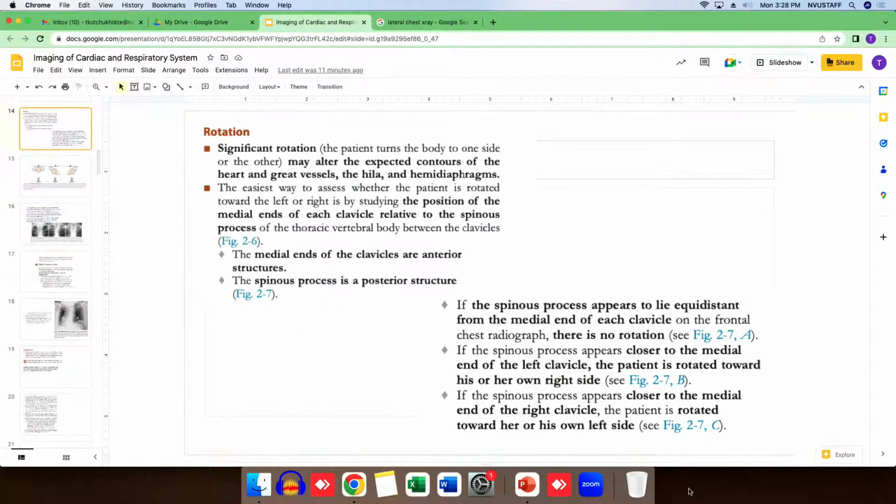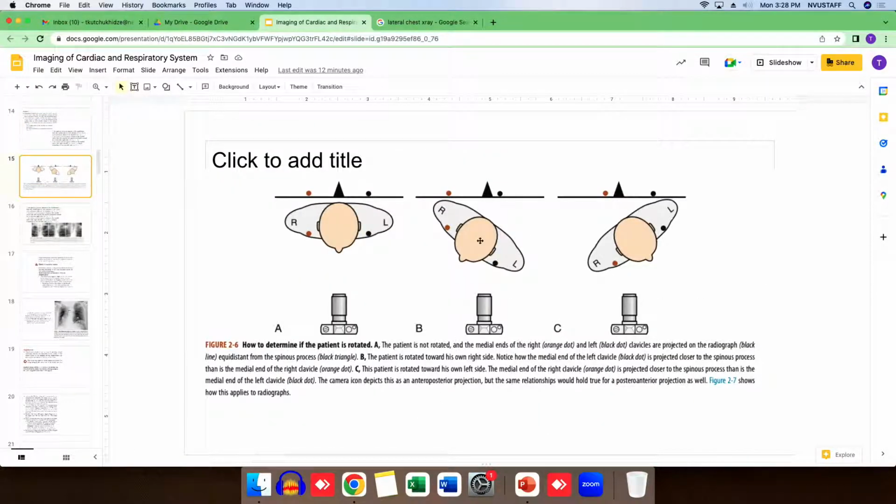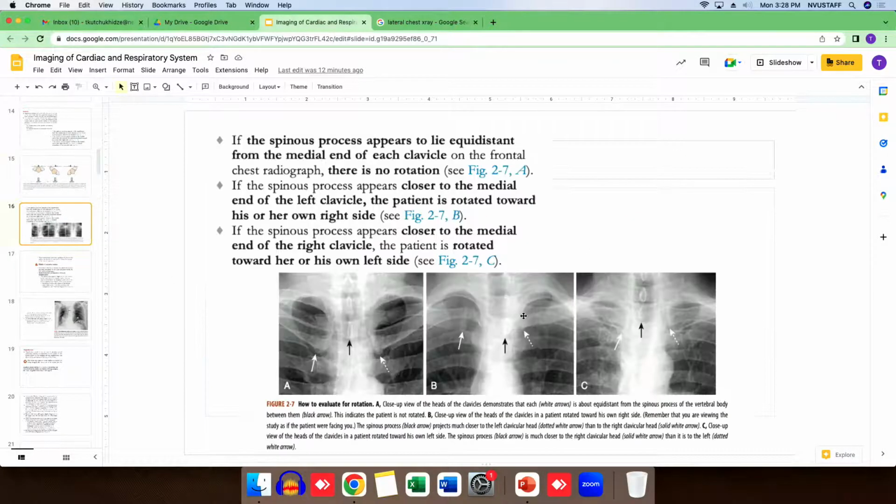Okay. If the spinous processes appear closer to the medial end of the clavicle, the patient is rotated towards his or her own right side. So in this case, the patient is rotated to its own right side, and as you see here, it is towards the medial right.